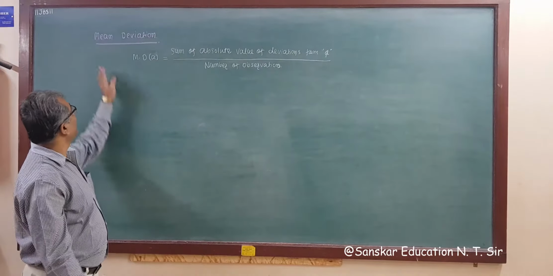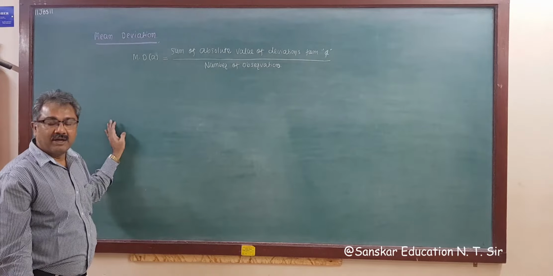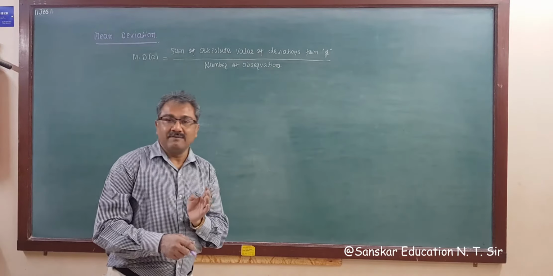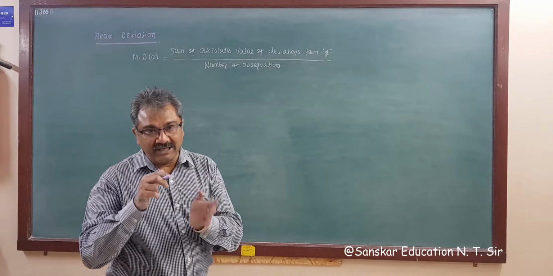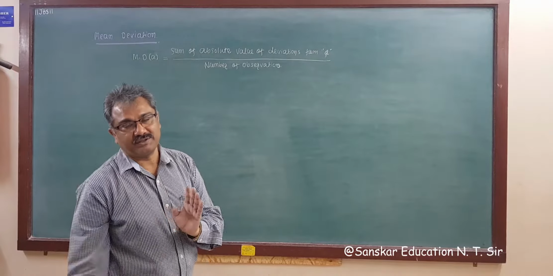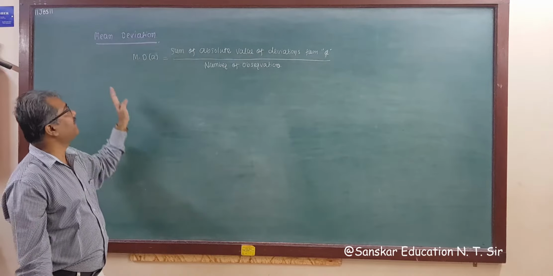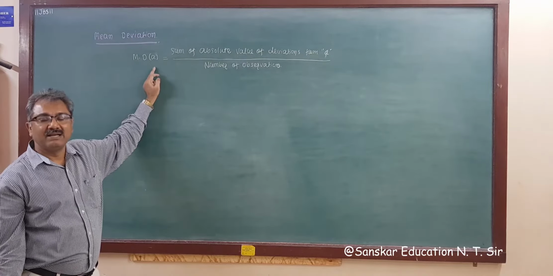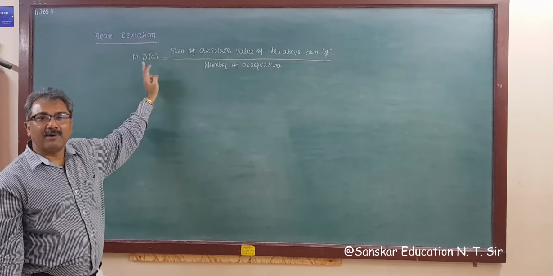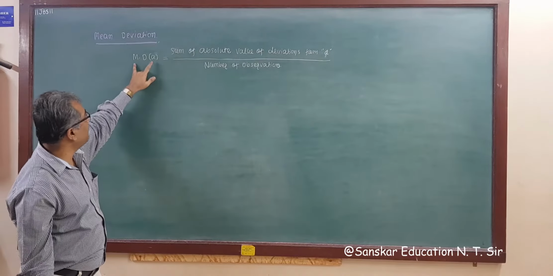Now, mean deviation. For mean deviation we require a fixed point. Suppose that is A. So the mean deviation about A is denoted by MD.